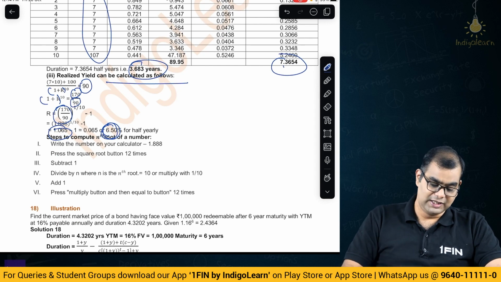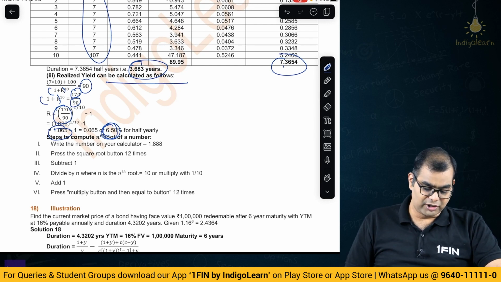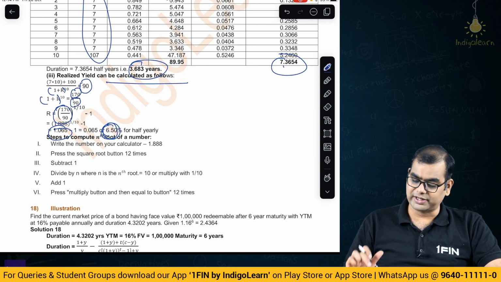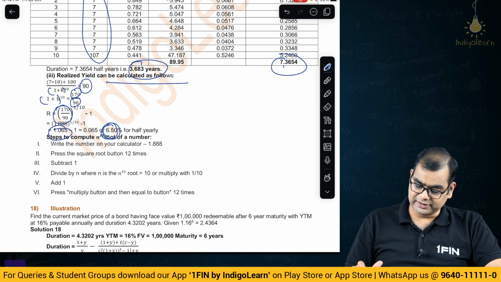How do you compute the 10th root on a calculator? Write the number on your calculator. What do we have to compute here? 170 by 90, the 10th root of that. It comes to 1.88888. Then press the square root button 12 times: 1, 2, 3, 4, 5, 6, 7, 8, 9, 10, 11, 12. Subtract 1, and you get a value.